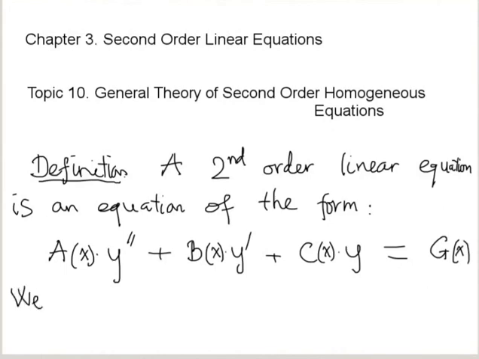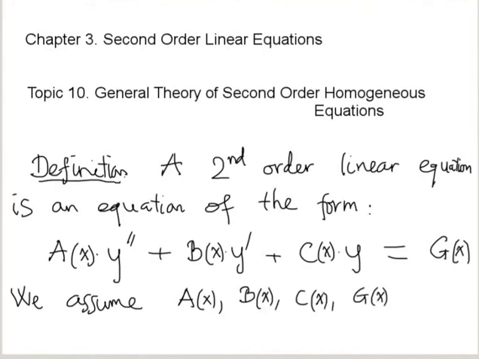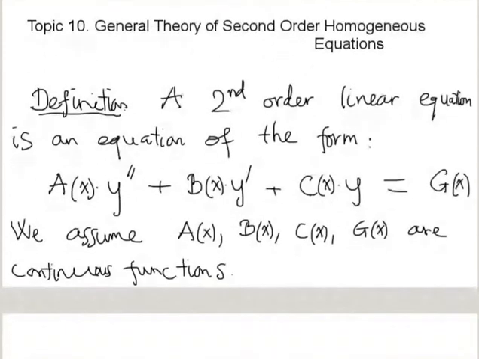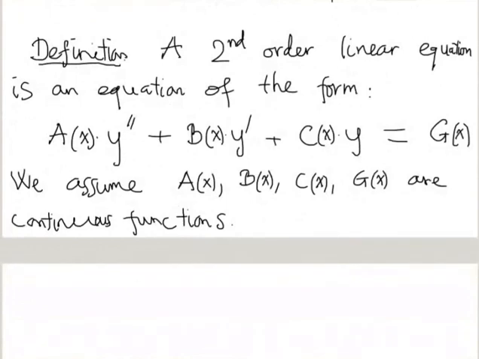We will assume that these coefficients a(x), b(x), c(x), and g(x) are continuous functions. So recall from calculus 1 that continuous function means that these functions don't have any break, don't have any gaps in their graph.